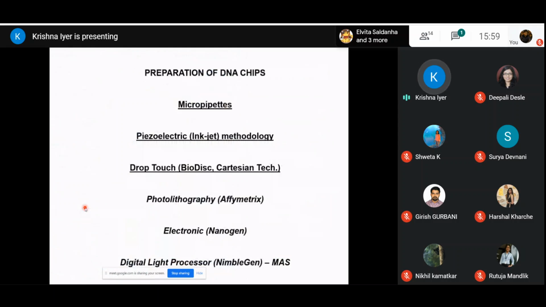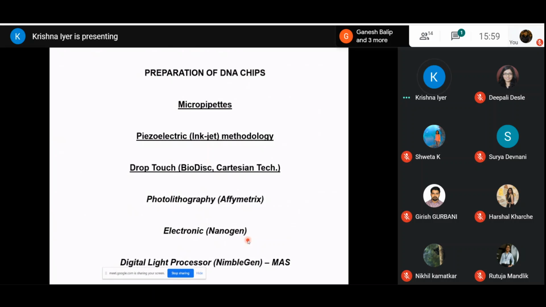Okay. The other approach, which is called the Affymetrix approach or the Nanogen or NimbleGen approach. In this, what you do is you actually do the synthesis on the glass plate itself. So you don't really make the DNA separately, but on the glass plate, in a very systematic manner, you synthesize different sequences at different locations.